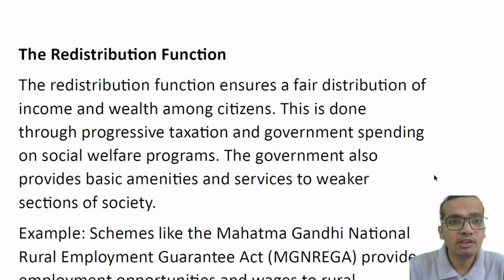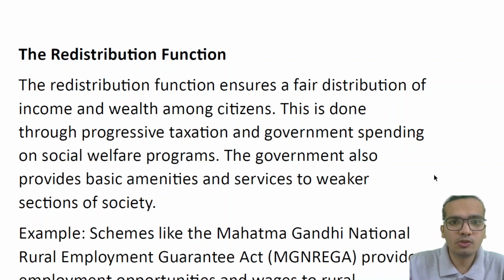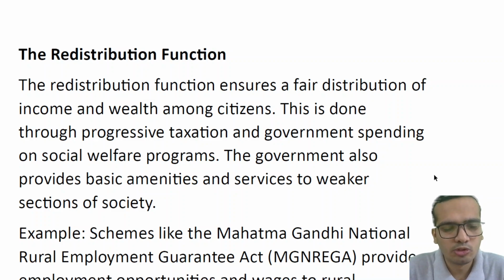Then comes the redistribution function. That's the redistribution function ensures a fair distribution of income and wealth among citizens. This is done through progressive taxation and government spending on social welfare programs. So our income tax is a progressive tax system. So we will shoot a short video on it about what our income tax is, how the tax slabs are determined, and how it is progressive in nature.